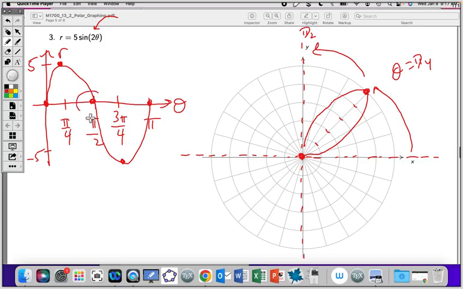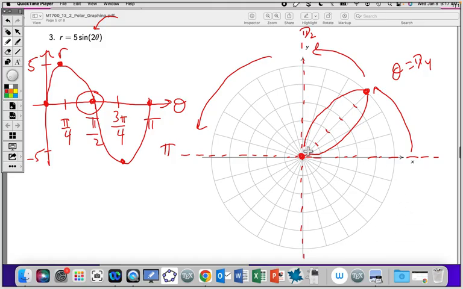And then we're going to cross through, right? So r goes from positive to negative. Crossing through r equals 0 means we're crossing through the origin, and we're going in along the y-axis because that's the angle pi over 2. So instead of graphing in this quadrant, between pi over 2 and pi, we're going to be graphing in the opposite quadrant.